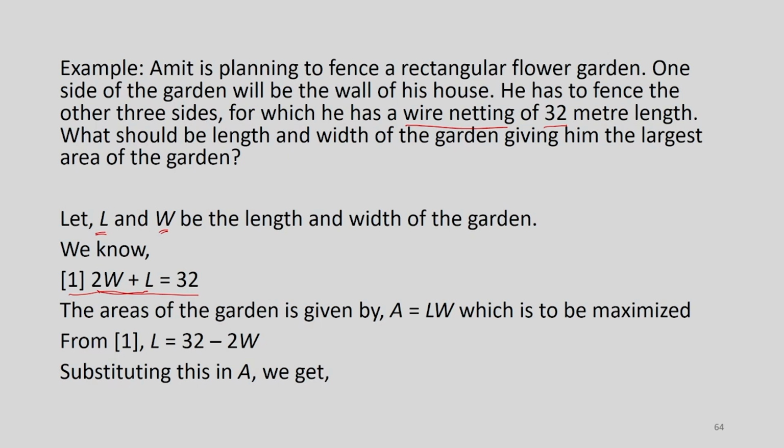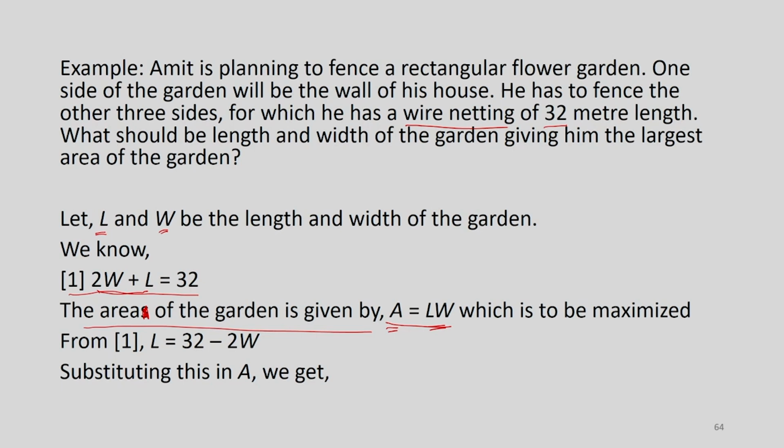Now what he wants to maximize is the area. What is the area of this garden? Suppose it is given by capital A. This should be equal to the length multiplied by the width, that is L multiplied by W. So Amit wants to maximize this capital A, which is equal to L multiplied by W. There are two variables here.